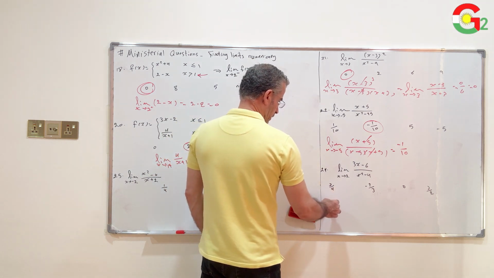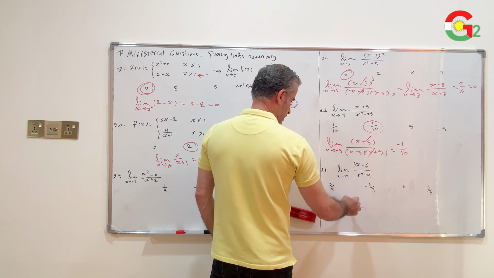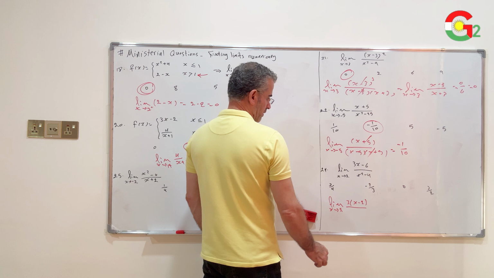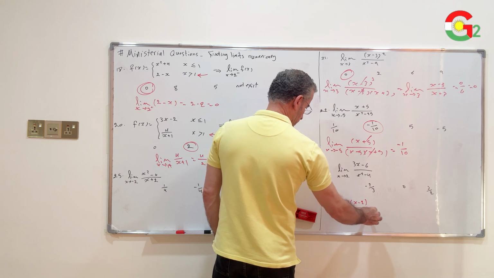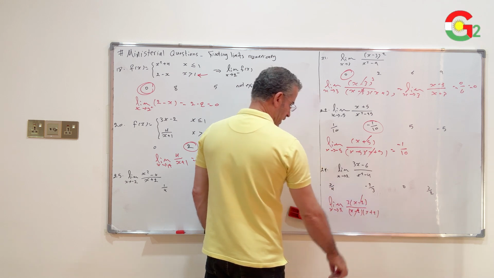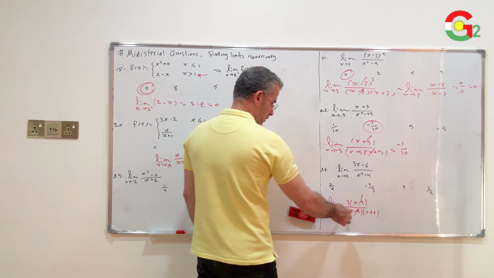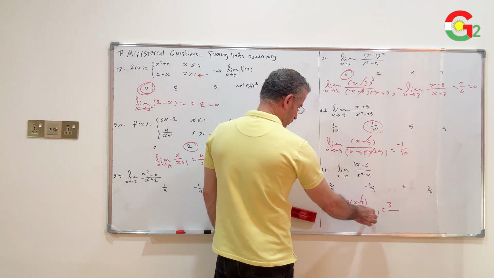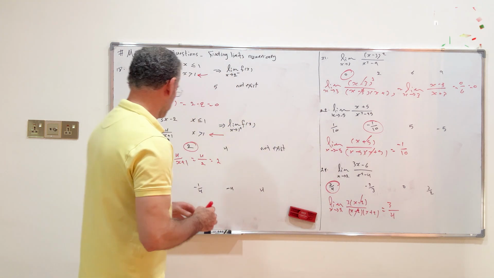But if we factorize the numerator by 3, then I'll get 3 times x minus 2 over, analyze difference of 2 squares, reduce x minus 2 with x minus 2, substitute every x with 2, then the numerator will be 3 over 2 plus 2, 4, 3 over 4, choice A.